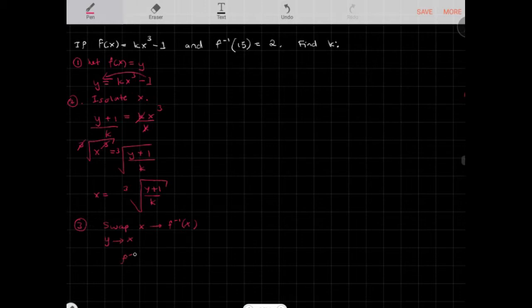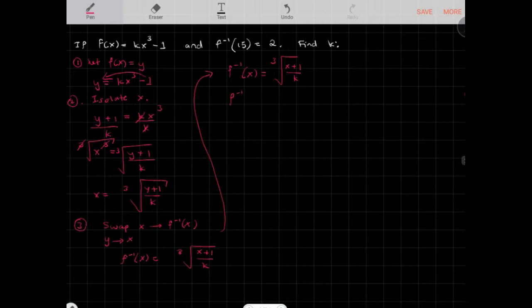Now your equation, f inverse of x, is equal to the cube root of x plus 1 over k. This is the inverse function that we're going to be working with.